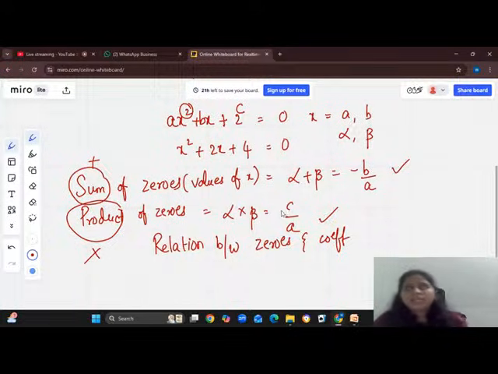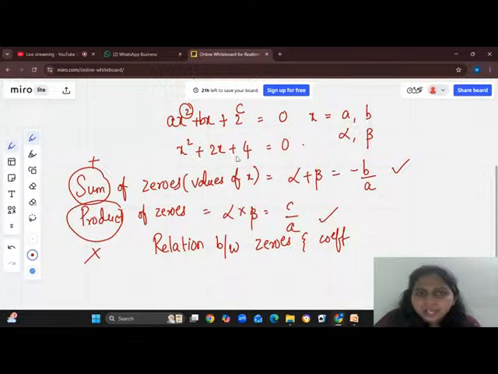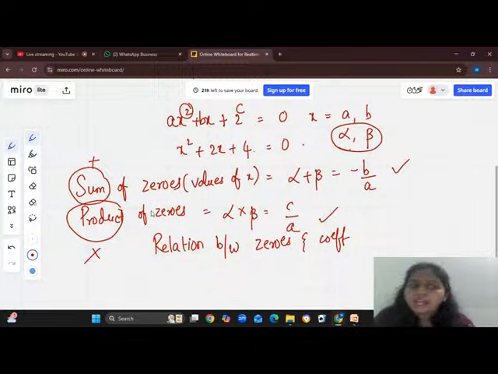Sometimes they ask a question like this: they give an equation and tell you to find the relation between zeros and coefficients. Then you have to first find the values of x by factorization. Those values of x become your alpha and beta. Then you have to prove whether the sum of zeros, alpha plus beta, is minus b by a, and whether the product of zeros, alpha into beta, is c by a.